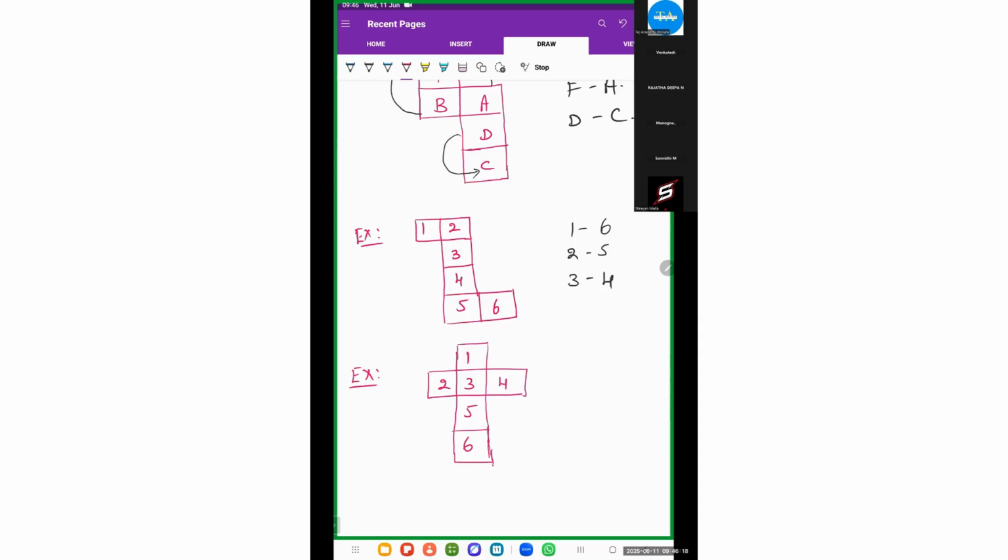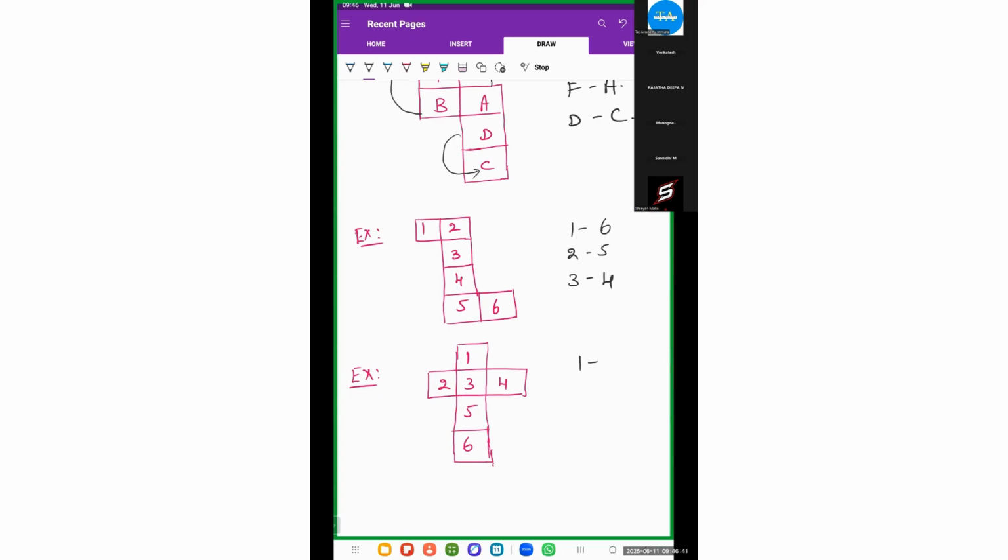Here, 1 and 6 there is no extension. I said extension is important.